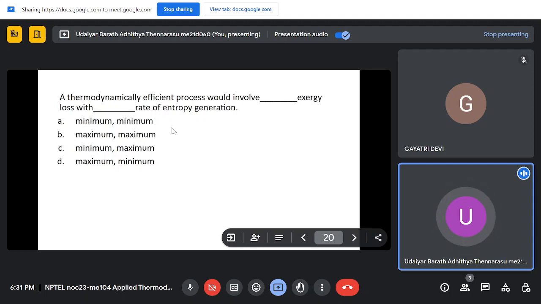Entropy generation and exergy loss are related: entropy generation multiplied by T naught will give you the total exergy lost in the process. So if one is minimum, the other will also be minimum. You need to minimize both, either exergy loss or entropy generation.